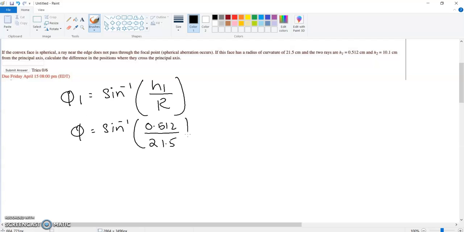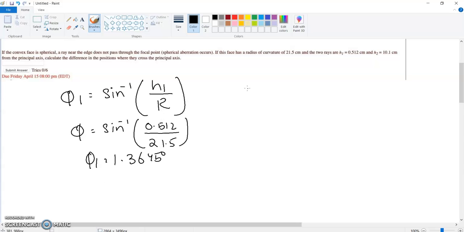It's telling me that the first angle turns out to be phi 1, which is 1.3645 degrees. Now that's our first angle at which the ray strikes. Now we need to find the angle at which it actually leaves. So we know that the refractive index was given in the question, which is 1.6.